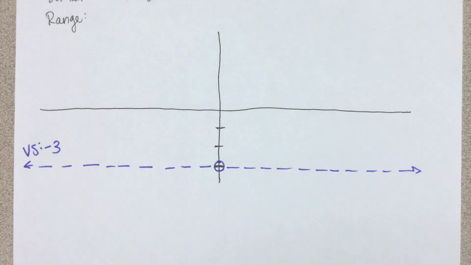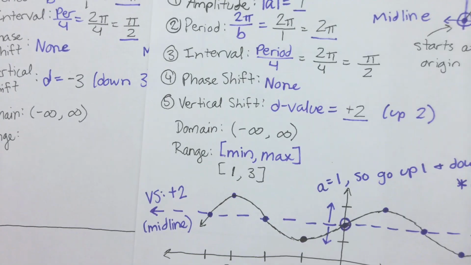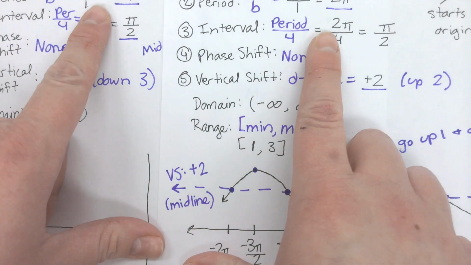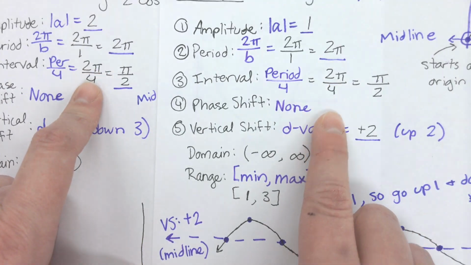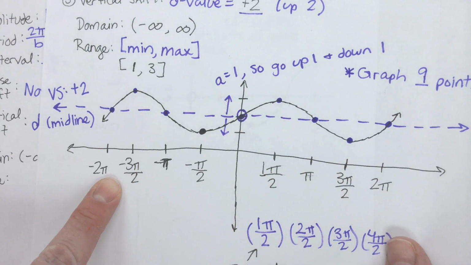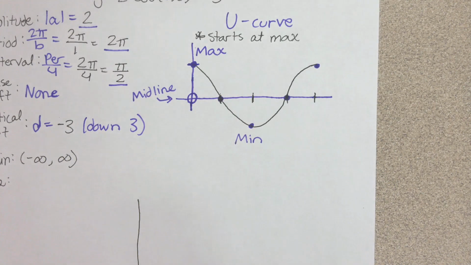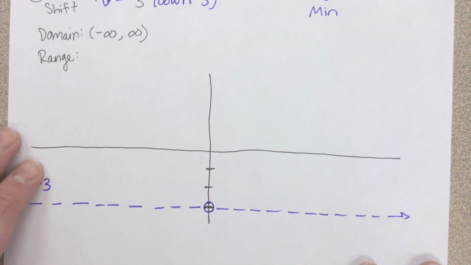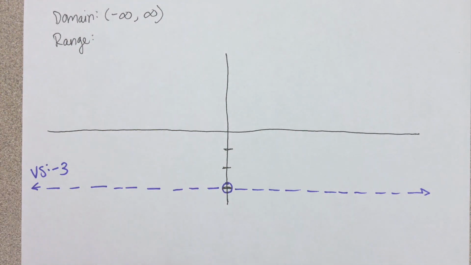So here's the good news. The previous problem had the exact same period and interval numbers. So that means the x-axis numbers are going to be exactly the same on this problem. So I don't have to think about that too hard. So I'm going to copy that left to right.